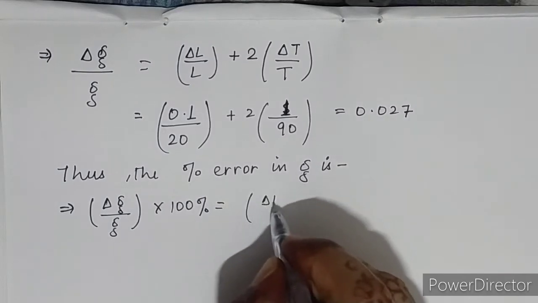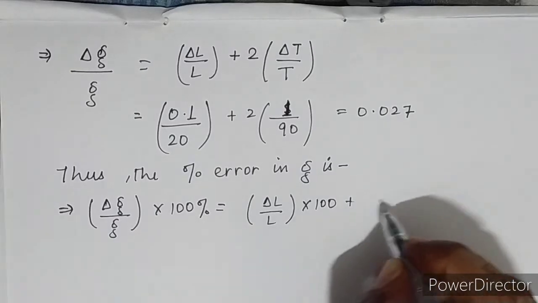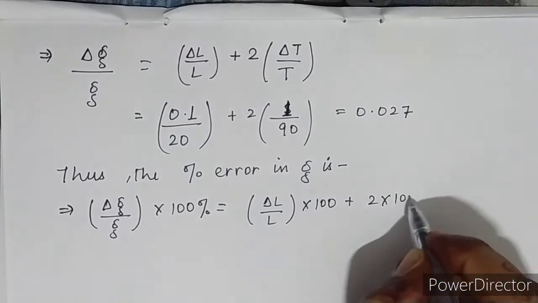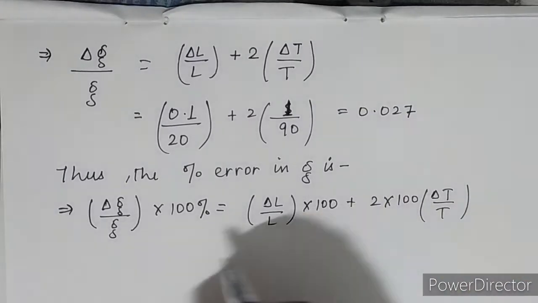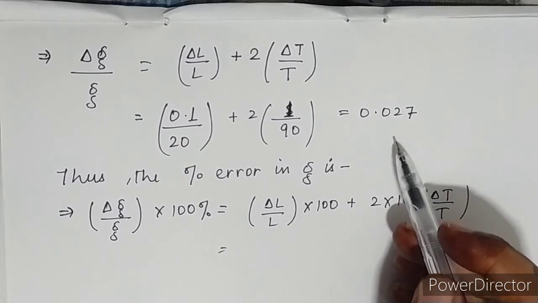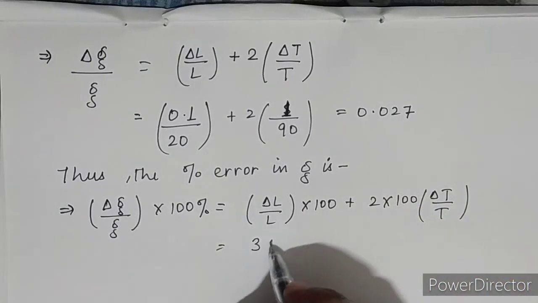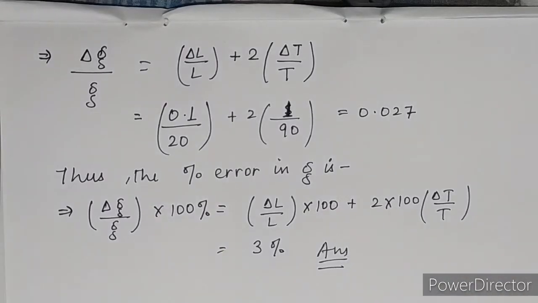So it will be delta L upon L into 100 plus 2 into 100 of delta T upon T. So when we multiply it by 100, then we get the value 2.7. It is approximately 3%, and here is the answer. Clear, beta? Okay. So like this we have to calculate all these things.